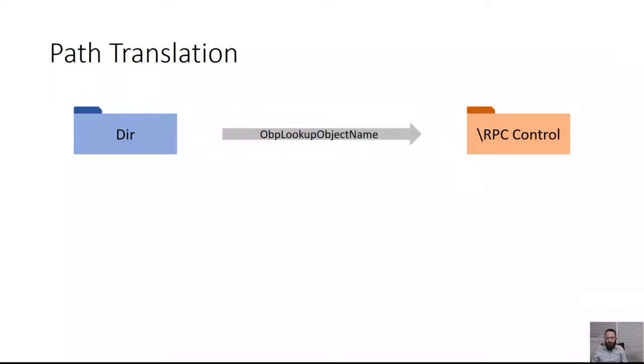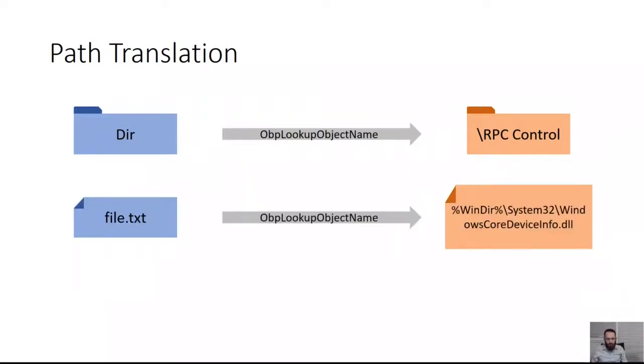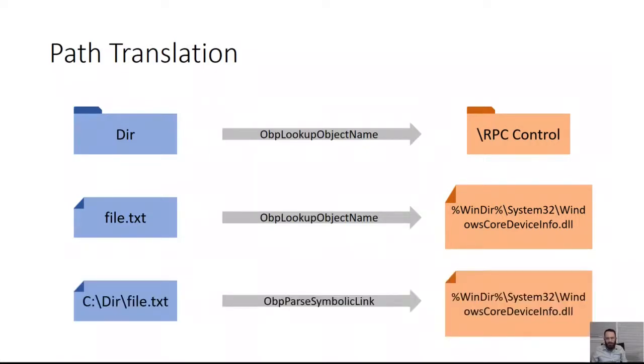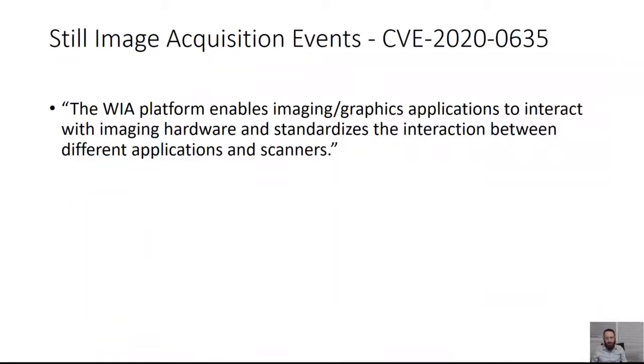The dir directory will be translated to its mount point directory, the object directory \rpc control. And the file name file.txt will be translated to the symlink we created, in this case the symlink value of C:\Windows\System32\Windows.Core.DeviceInfo.dll. So the create file operation the service did, thinking it works on C:\dir\file.txt, will be reparsed to C:\Windows\System32\Windows.Core.DeviceInfo.dll.